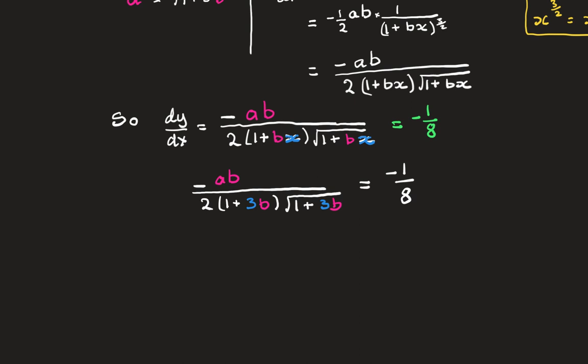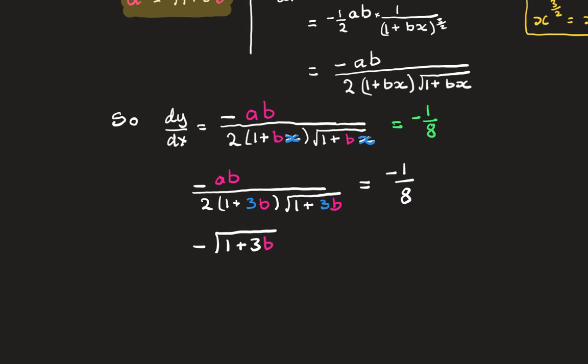So I'm seeing over here that I have already found a above over here. So I think I might actually move that a into my a's here. So that will mean that I have minus a, which is root 1 plus 3b.